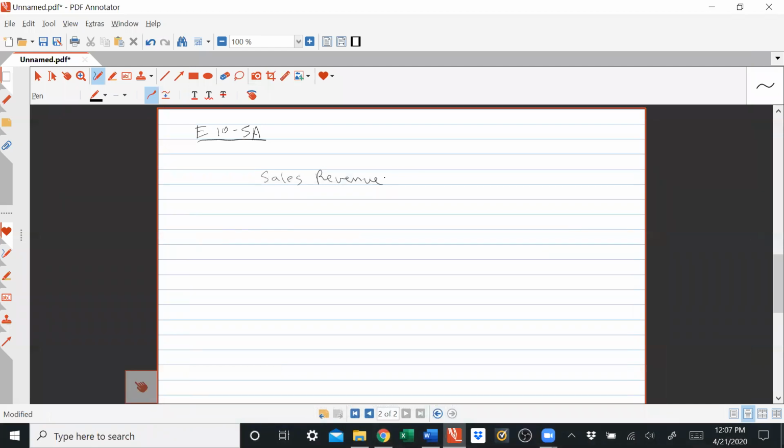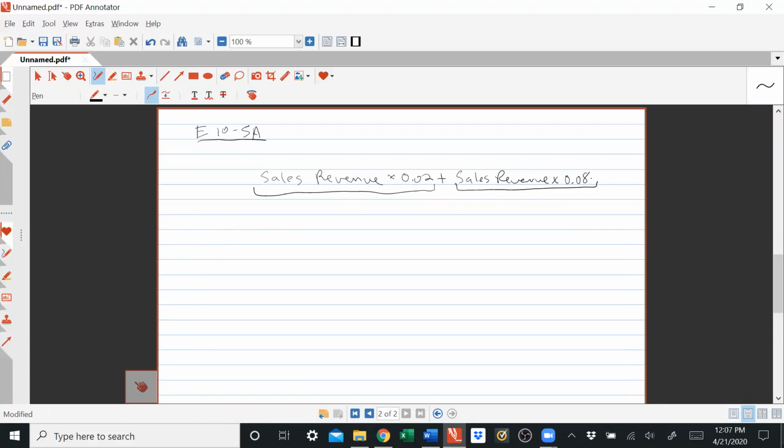So sales revenue times 0.02, so this is the state sales tax, plus sales revenue, whatever that is, we don't know, we're going to solve for it, times 0.08.